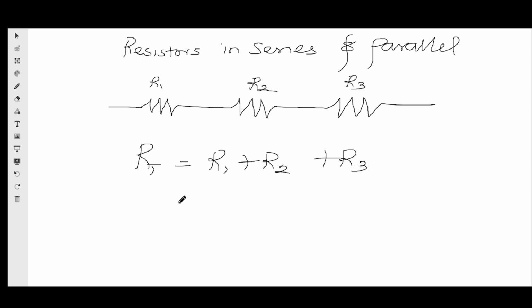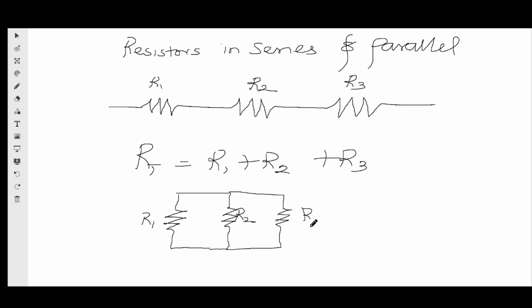But when they are in parallel, that is, I have a resistor R1 here, another resistor, another resistor. Let me say R1, R2, and R3. So the total R is usually the reciprocal.